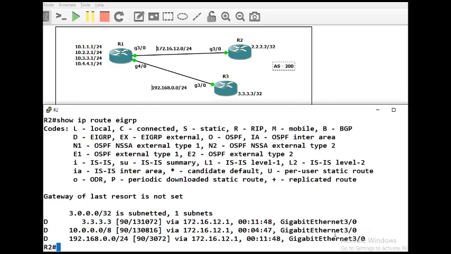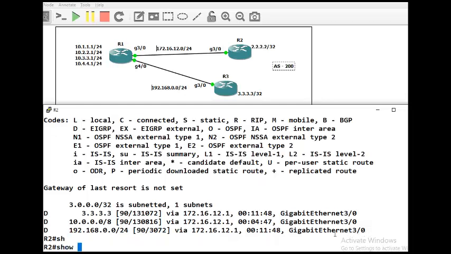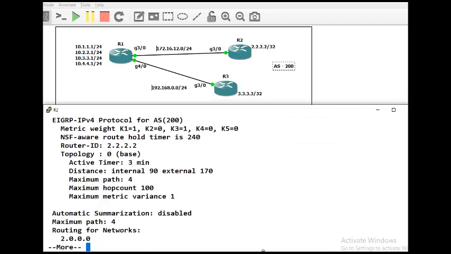Now, question. To achieve this, did I enable summarization on router 2? No. I did not enable summarization on router 2 because I'm not focusing on the networks advertised from router 2. So it is only router 1 where we need to enable it. I said auto summary there. Because by default, see in router 2, show IP protocol, it is disabled.